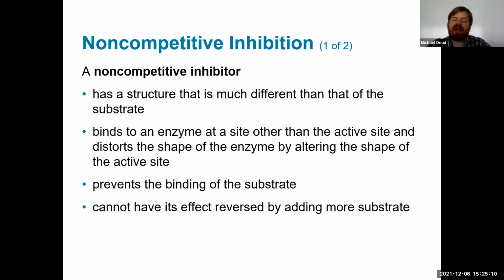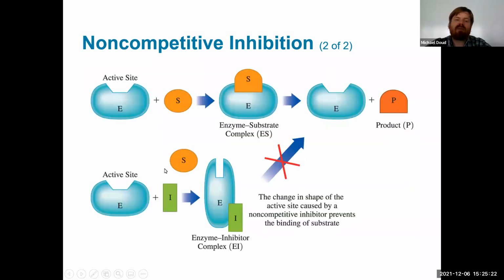So the active site shape gets altered, and then no longer do you have that induced fit of the substrate into the active site. And again, this one, you can't reverse the effect by adding more substrate. So here what happens is you have a different shape, and this inhibitor just changes the shape of the active site so that the substrate no longer fits.